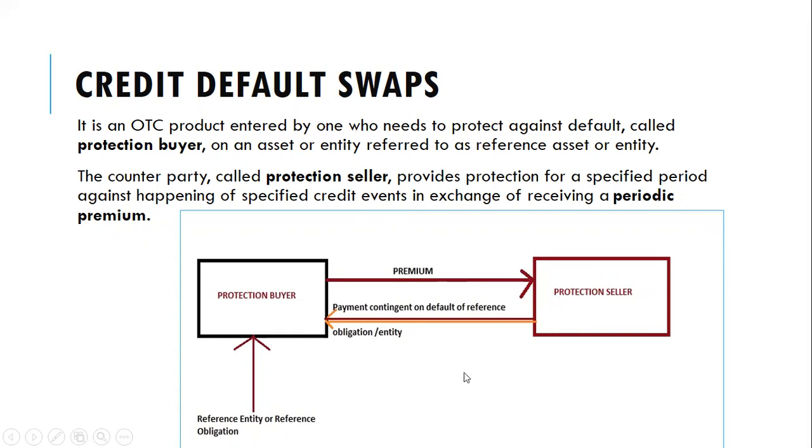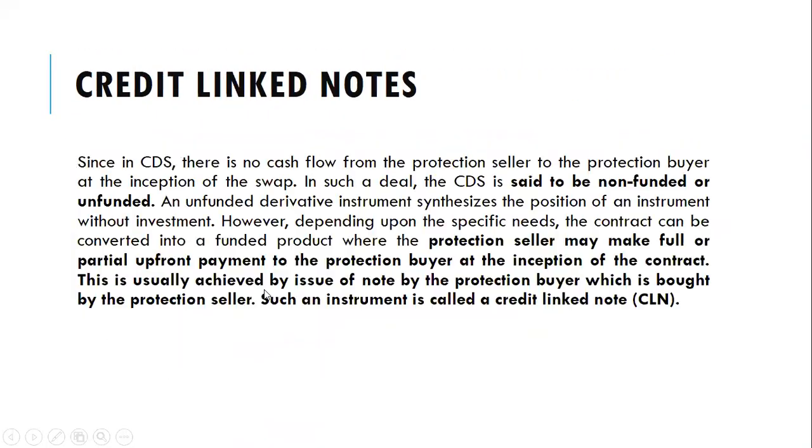This is always referred to as unfunded, because the protection seller is not giving you anything in advance. But if this amount is paid in advance by the protection seller to the protection buyer, then this becomes funded.